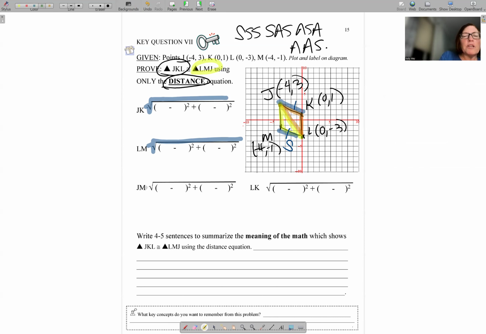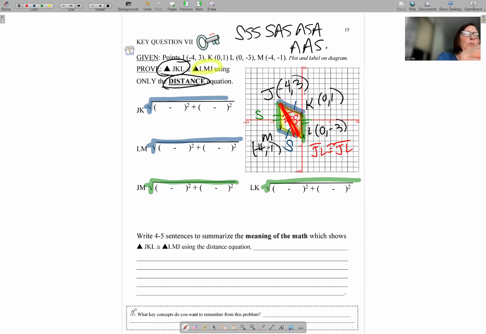Then you find the distance of JM and LK. If you've done this correctly, that will also give you a side. Then you have a freebie down the middle. You know that JL is congruent to JL. That's called reflexive.